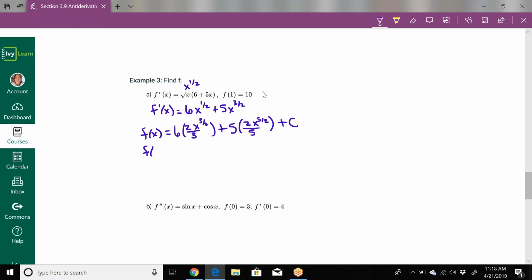So let's see if we can reduce this. So this would be 6 divided by 3 is 2, so this is going to be 4x to the 3/2. The 5's cancel here, so it's going to be 2x to the 5/2, and then plus c.